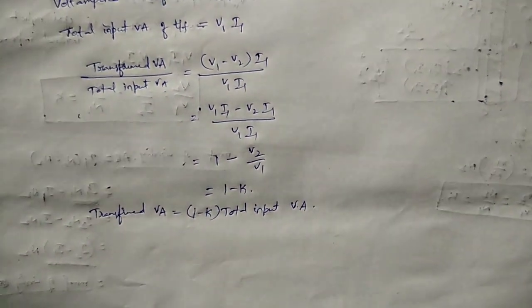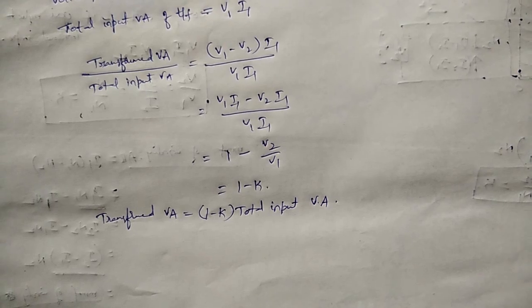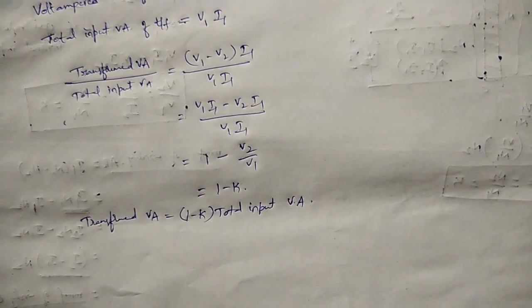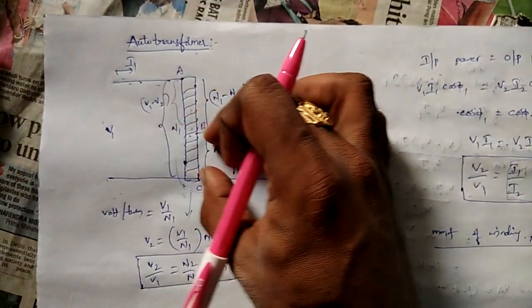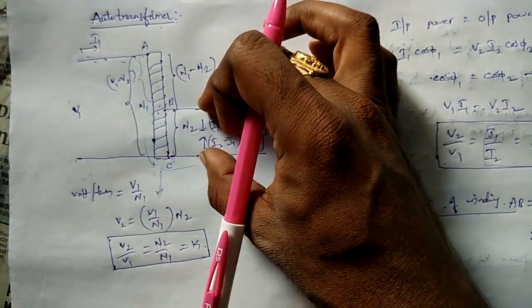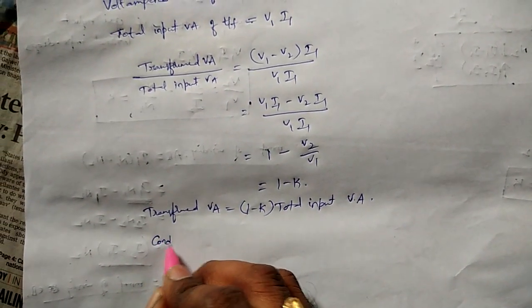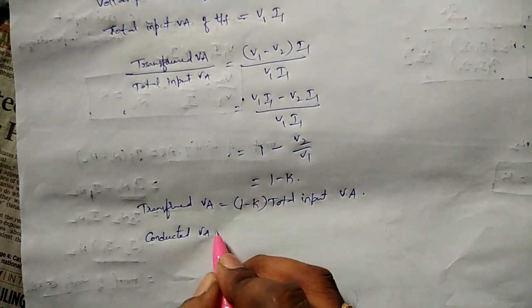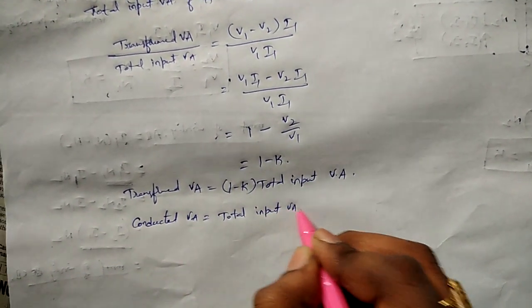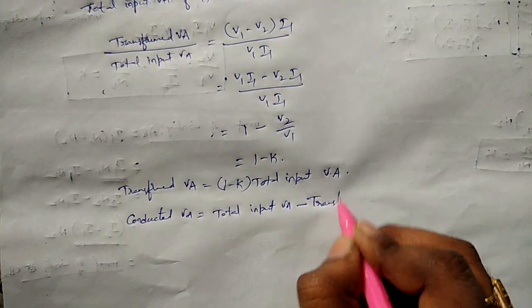So these are the transformed volt amperes from primary to secondary. Now if it is the transformed volt amperes, the remaining volt amperes to the load will be conducted volt amperes through this winding. From this part to the load it will be transferred and from this part to the load it will be conducted. So conducted volt amperes is equal to total input volt amperes minus transformed volt amperes.